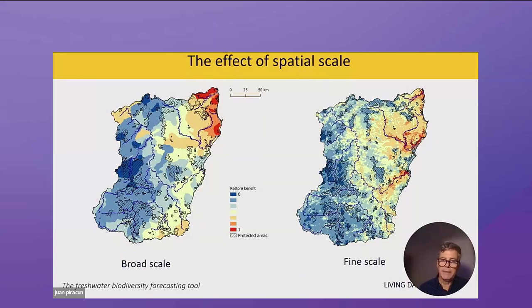And within protected areas, you have high and low restoration priority. This is partly because of the averaging that comes from a coarser scale. For the broad scale model, the average subcatchment size is 134 square kilometres, whereas in the fine scale, only 2 square kilometres. But it also comes from the fact that we've used different disturbance data.